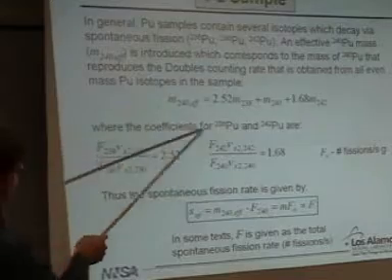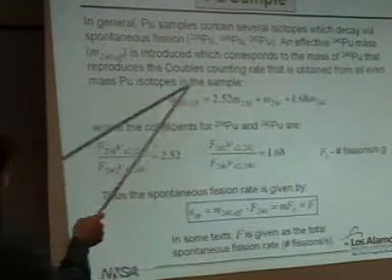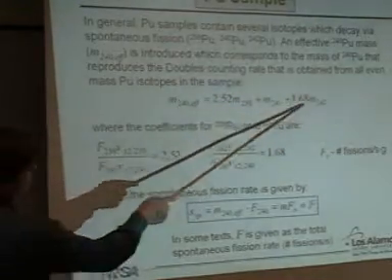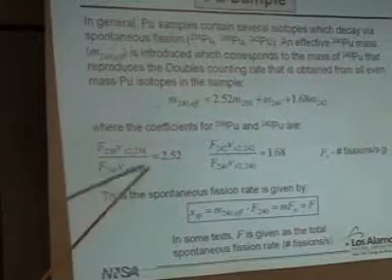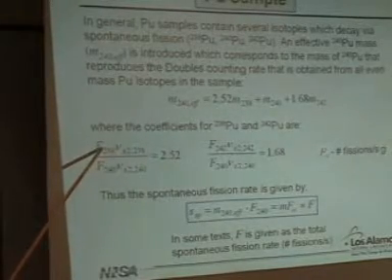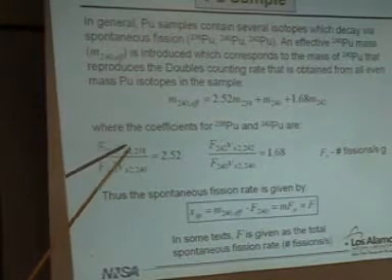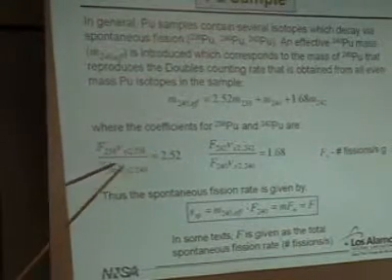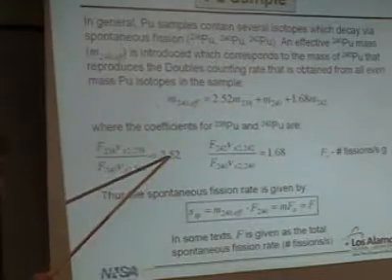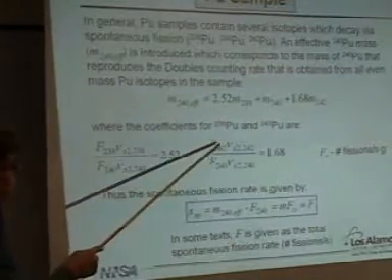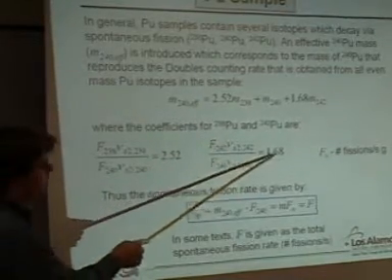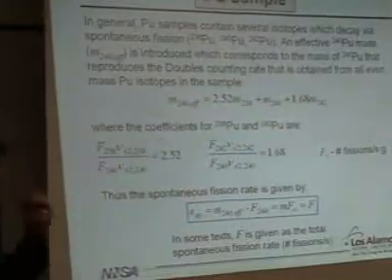Here's how we define the effective mass, where we've come up with these coefficients by taking the number of fissions per second per gram multiplied by the second spontaneous fission moment of, for example, 238 in this case, divided by 240, and this is equal to 2.52. Same thing with 242 to 240 to come up with these coefficients.